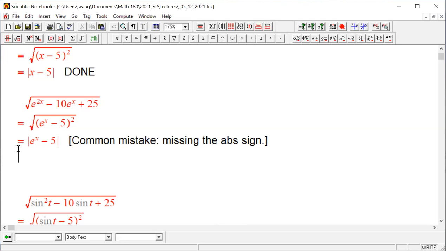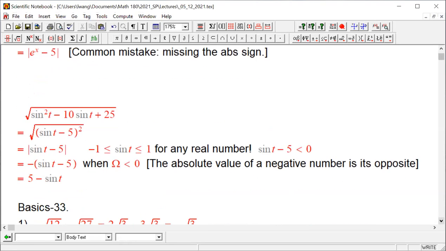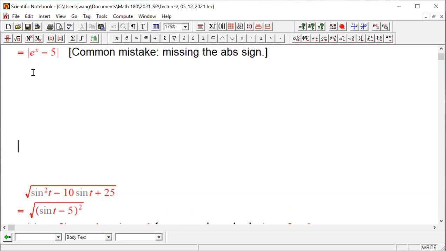During the break, I thought of another scenario that might be related. Suppose you're in a calculus class. I'm not doing anything calculus, I'm only doing the algebra part. And what happens is that you need to drop the absolute value sign. If you don't drop it, you cannot possibly finish the task.